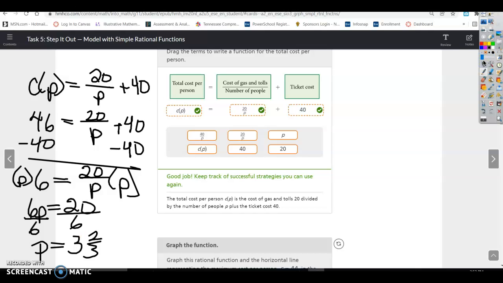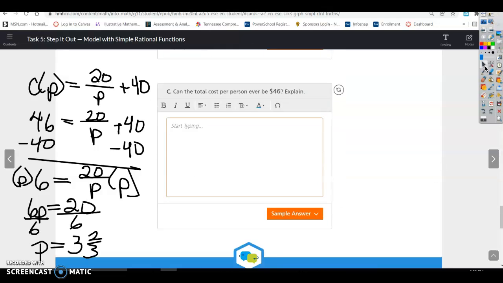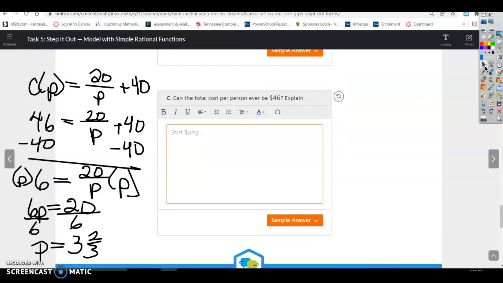So is it logical to have 2/3 of a person go? The answer to that is no. So can the total cost per person be $46? No, it can't be $46 unless you can have 2/3 of a person. So 3 2/3 is not a reasonable answer for the number of people. So you can never be charged $46 to go.